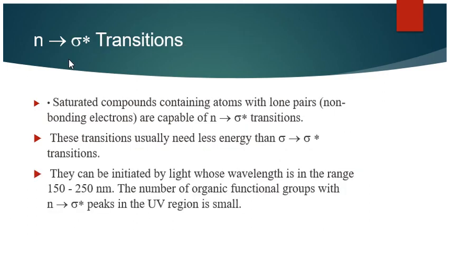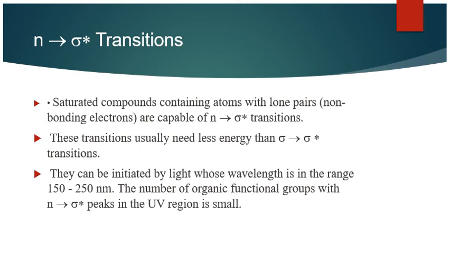Then next we have the n to sigma star transition, when a lone pair, a non-bonding electron, jumps to the sigma star orbital. Actually, the anti-bonding orbitals are not occupied at room temperature.